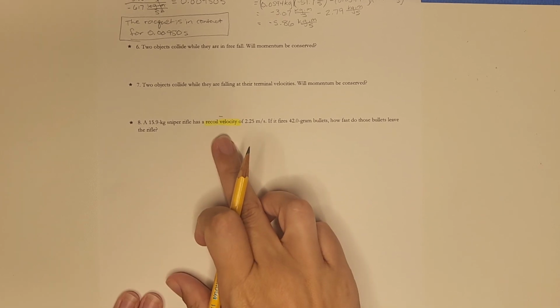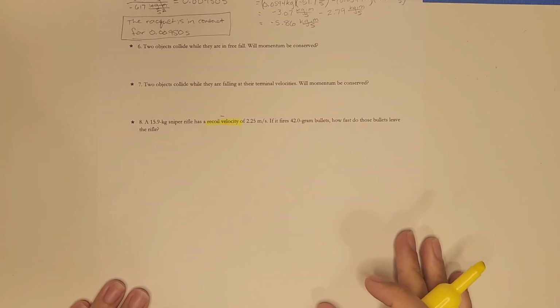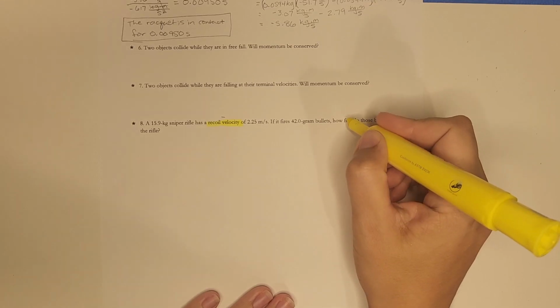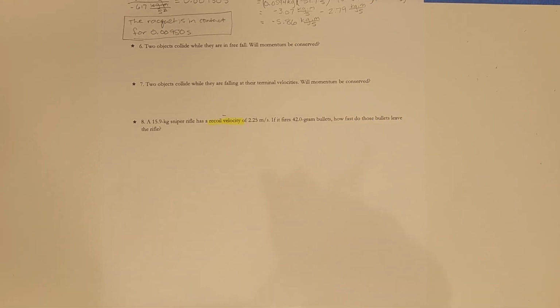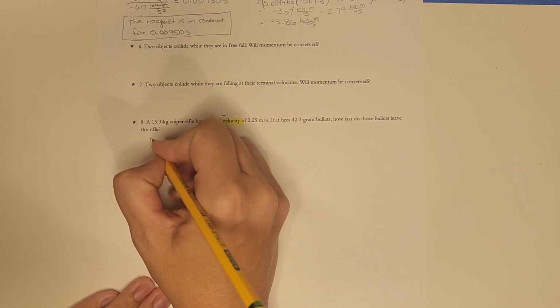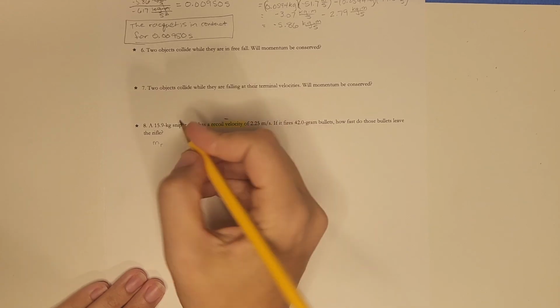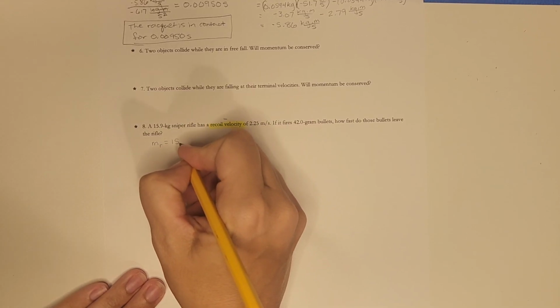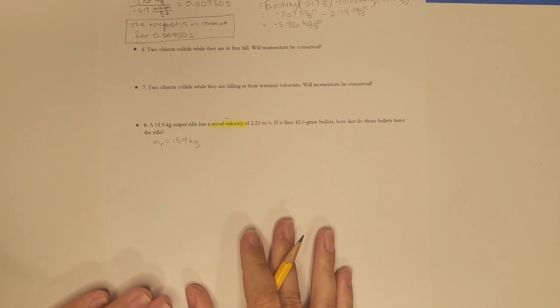But for this example, I'm going to call it negative, and it's going to fire 42 gram bullets. And how fast do those bullets leave the rifle? So this question is actually just asking speed. So you could technically not give the direction, since it doesn't say velocity, it just says how fast. We'll talk about the direction though. Okay, so what are we given? We have the mass of the rifle, which I'm going to call MR, and that's going to be 15.9 kilograms.